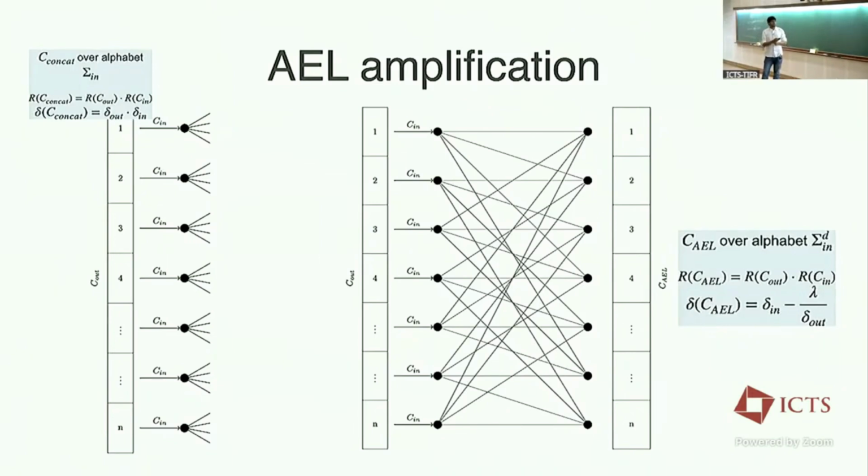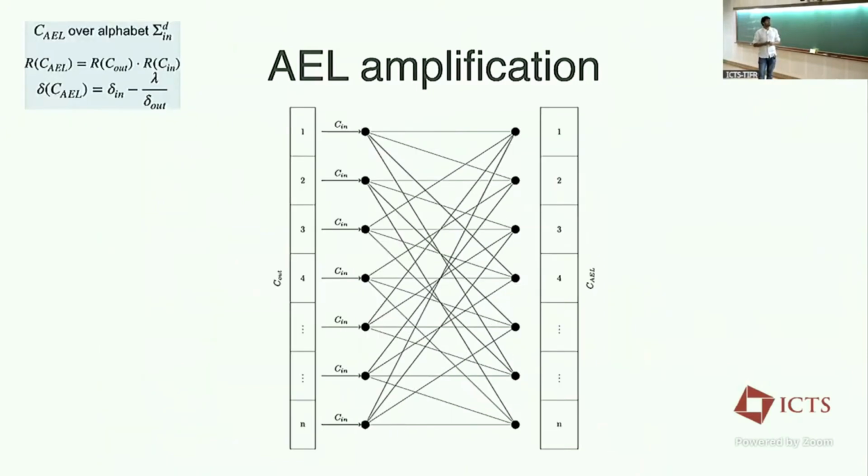And now, even if delta_out was small, I will choose lambda to be even smaller and get something close to delta_in. So typically the way this is done is you choose R_out to be very close to 1, delta_out then is forced to be close to 0, but then you choose lambda to be even smaller. Okay. And on the right-hand side, what is going on is you are folding symbols and calling them a single new symbol.